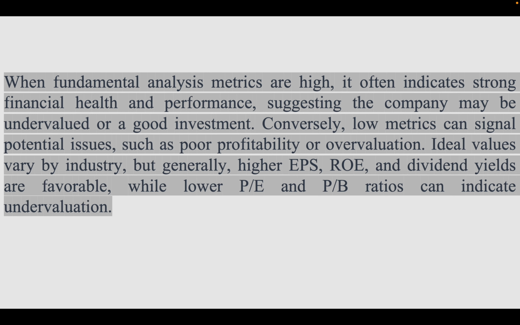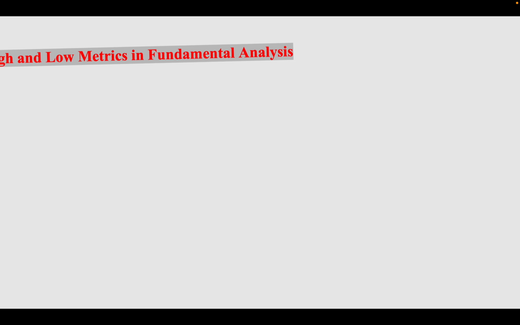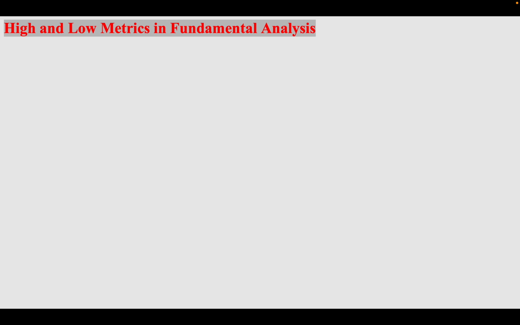Ideal values vary by industry, but generally higher EPS, ROE, and dividend yields are favorable, while lower PE and PB ratios can indicate undervaluation. High and low metrics in fundamental analysis.